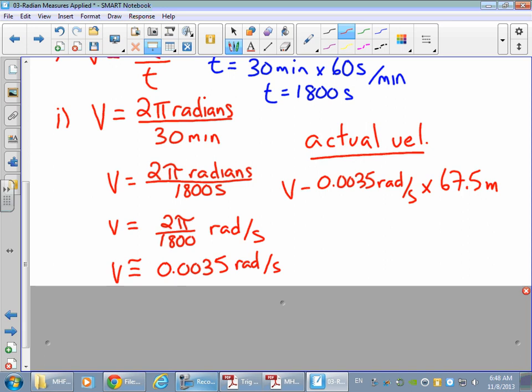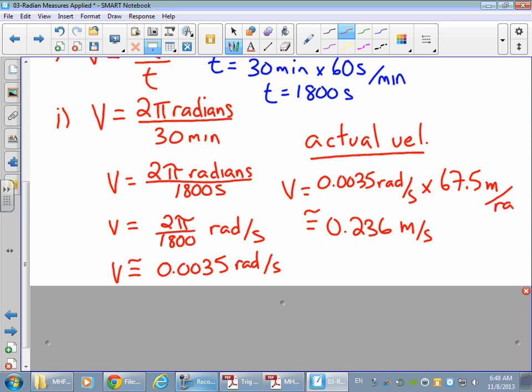So the actual velocity here, if we did that calculation, we would find the actual speed that you're traveling on the edge of the circle. Okay, so approximately this many meters per second.